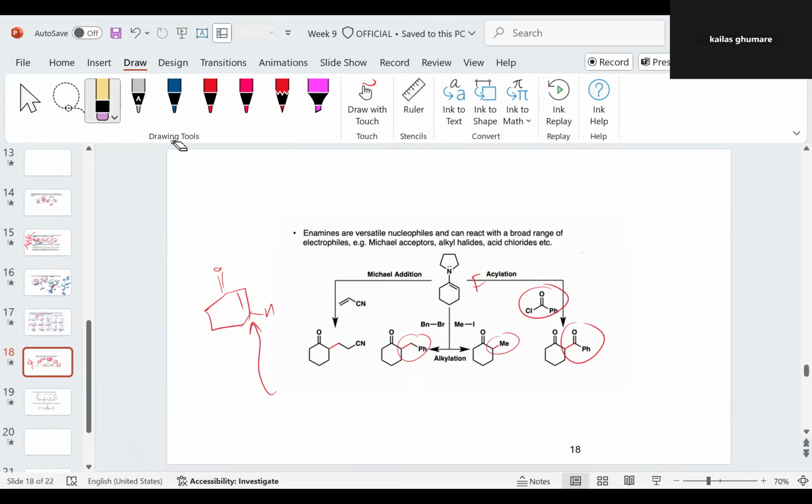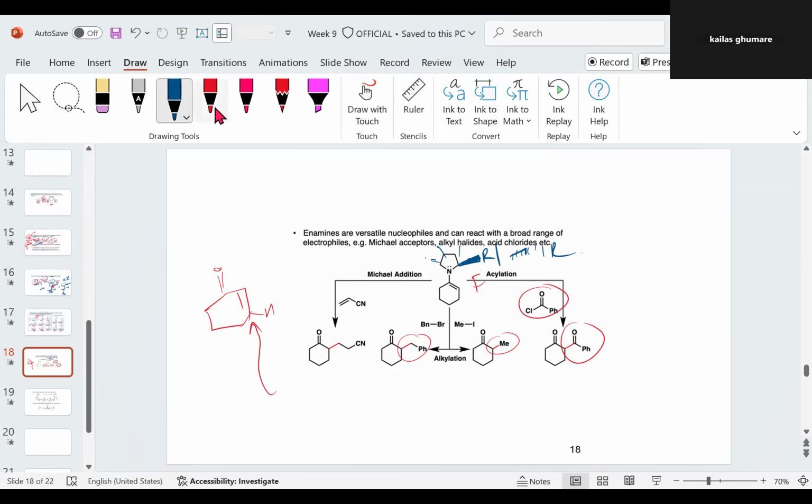In this case, if you have such a chiral group here, whether it is directing upward or downward, or here as well, it may be here, here, here, any place, it drives some sort of stereochemical control in the reaction, and the addition of the further electrophile will take place in that manner.